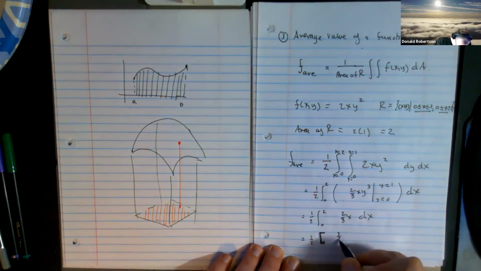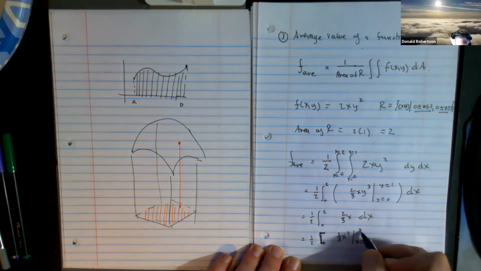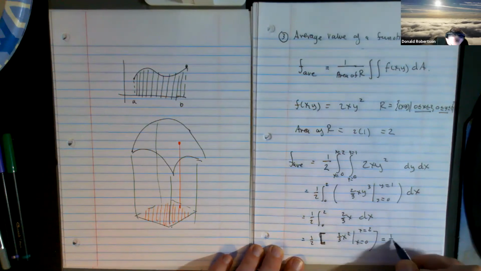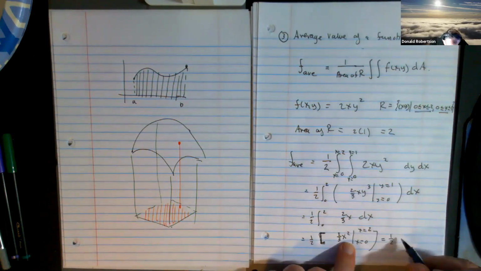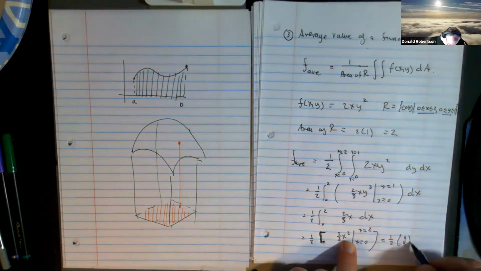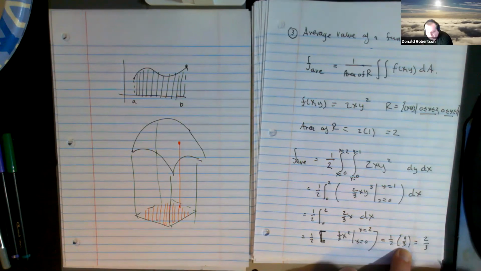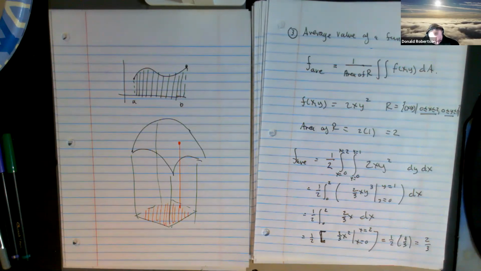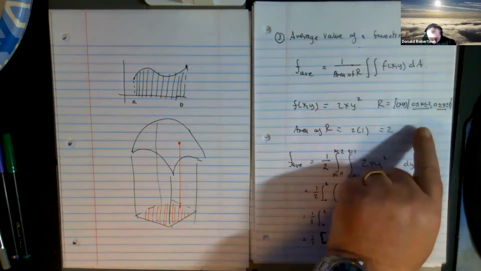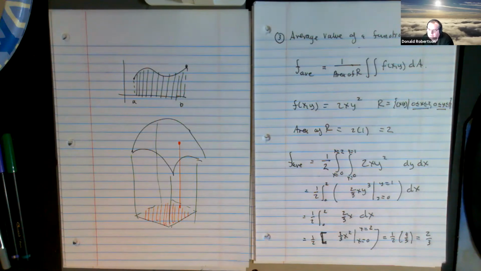Power rule on this guy, evaluated at 0 and at 2. Plug in 2, you get 4/3. Plug in 0, you get 0, so just leave it as 4/3. And there is the average height of that function, 2xy squared, in the region 0 to 2, 0 to 1.